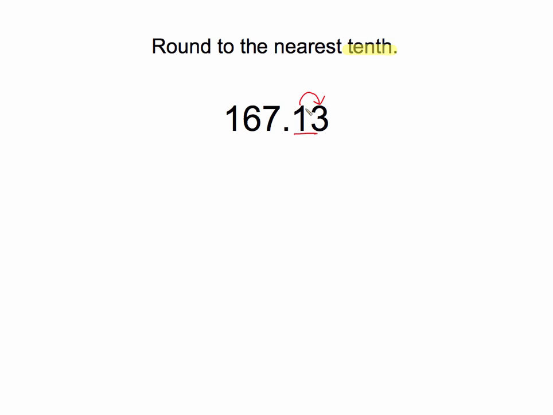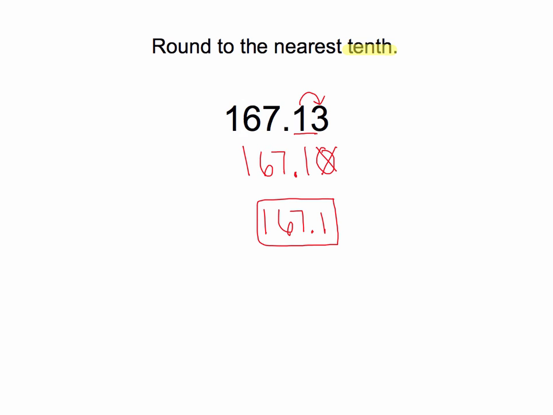So instead of adding 1, you're just going to leave it alone. It'll just be 1. Everything to the left stays exactly the same, and everything to the right becomes a 0. In this case, we have that extra 0 at the end, and our final answer is 167 and 1/10.